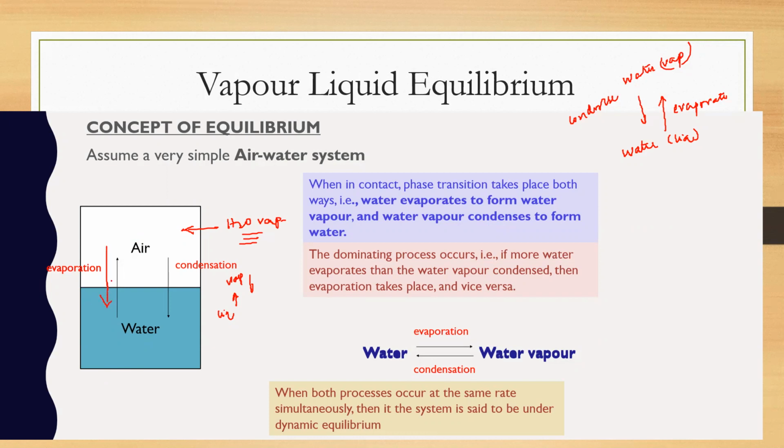Since water vapor here is more than the equilibrium amount, condensation would start dominating. Again, the change would start, and we'll have to wait till the new set of equilibrium conditions are established. So once the system has attained equilibrium, if we bring disturbance to that system, we'll have to wait for new equilibrium conditions to be established.